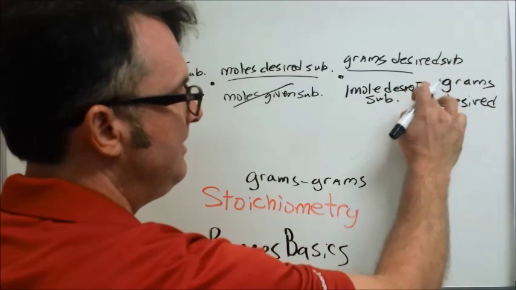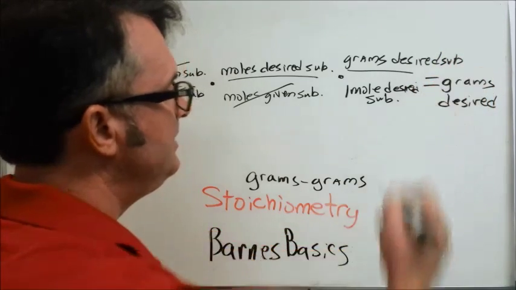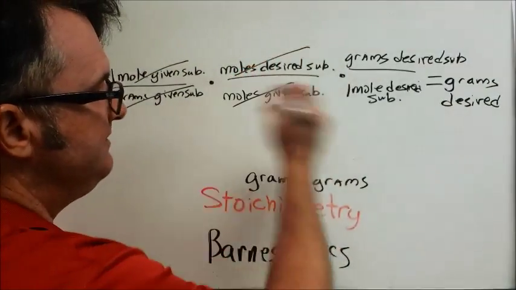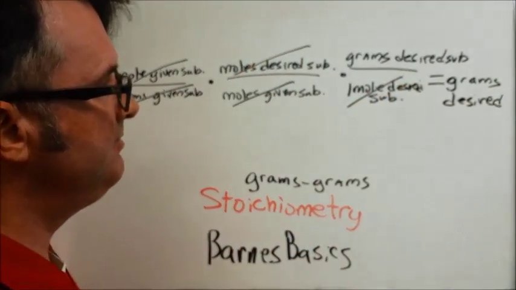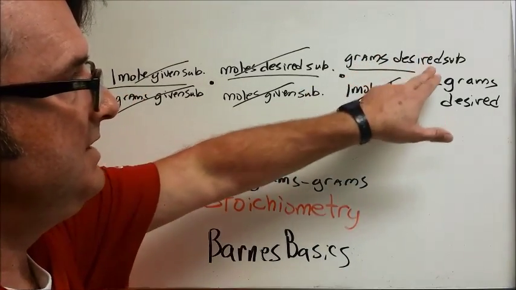Kind of overrun my boundaries a little bit here. This allows moles of desired substance and moles of desired substance to cancel, leaving us only with the grams of the desired substance.